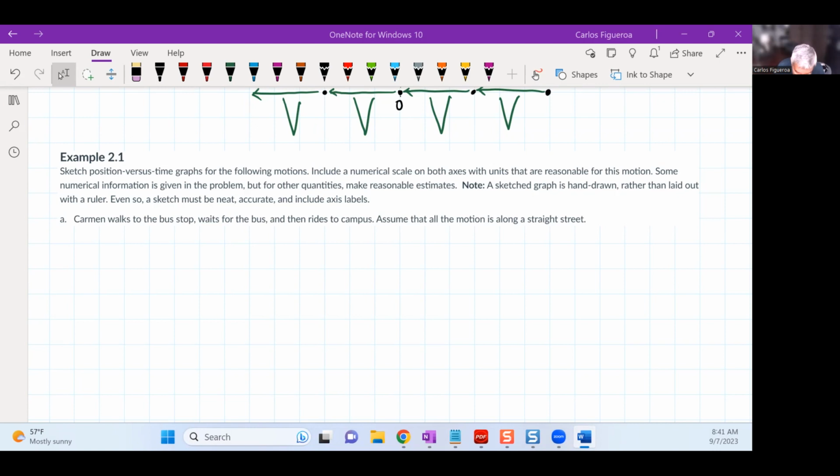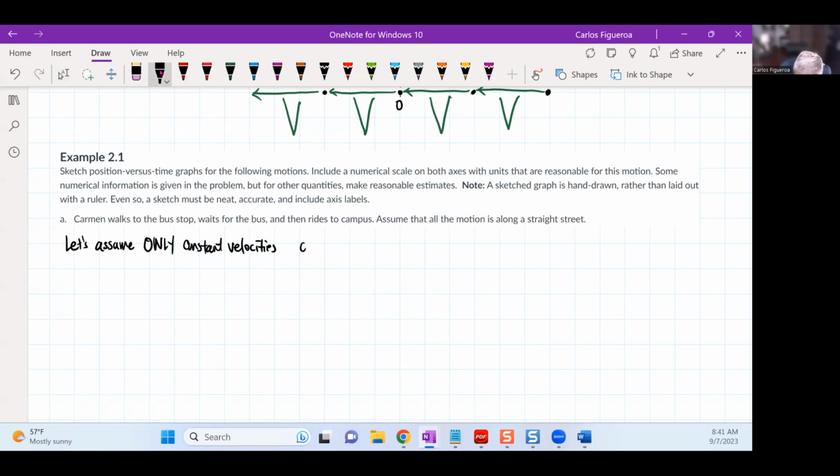Now, in this situation, what I'm doing here is that I'm assuming that there is no change in velocity at this point. I could add change in velocity, but it's a complication I really don't want to look at here. Okay, so let's assume only constant velocities.